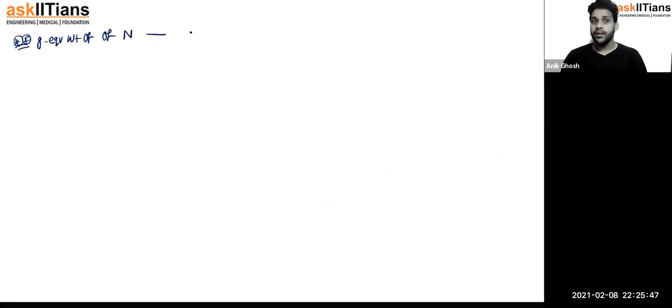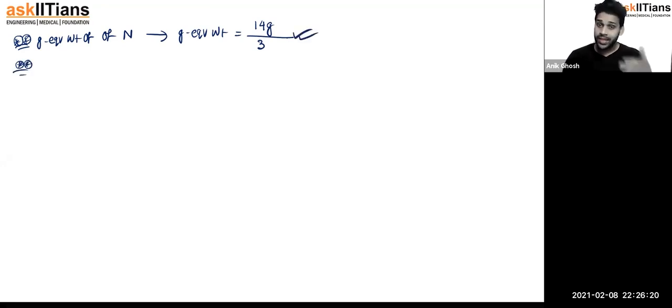Gram equivalent weight is equal to the molecular mass or molar mass divided by valency. For nitrogen, the molar mass is 14 grams, divided by its valency. What is the valency of nitrogen? It is 3. So 14 by 3 is going to be the equivalent weight of nitrogen. Okay, now moving on to the next question. So this was about the atoms.